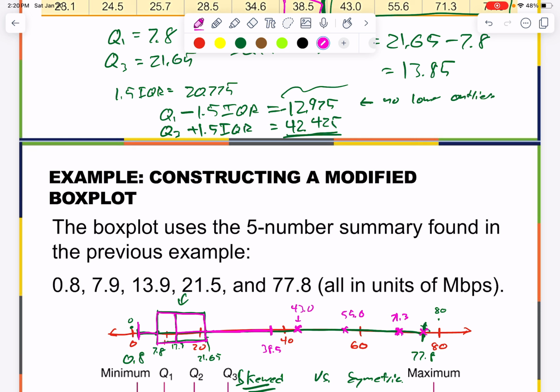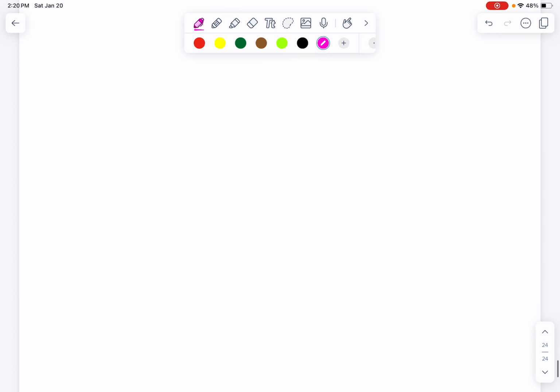And then there's of course the maximum there, which is an outlier. So that is my box and whiskers. That's my modified box plot with the outliers. It tells me that the great majority of my data is really just between 0.8 and 38.5, and the rest are some sort of outrageous values.